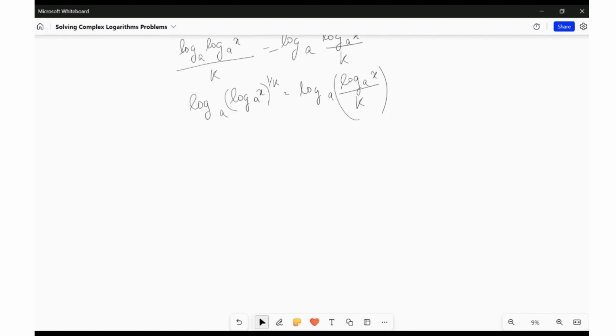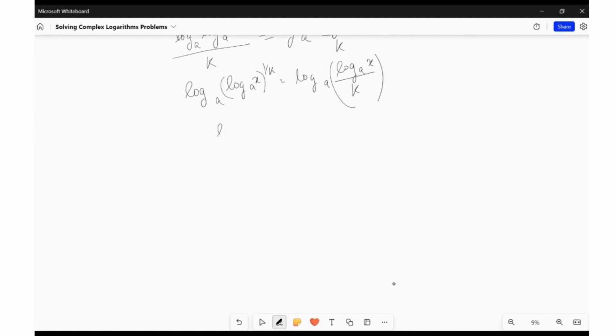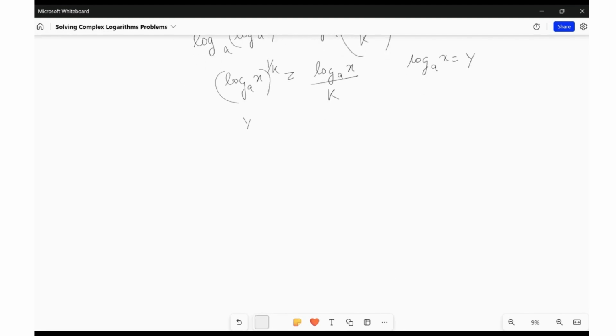So log x to the base a raised to the power 1 by k is equal to log x to the base a divided by k. Now let's take log x to the base a as y for easy expression. So y to the power 1 by k is equal to y by k.